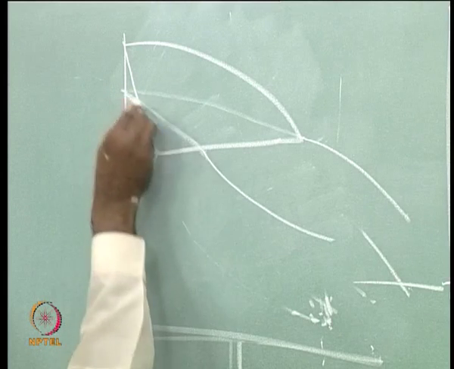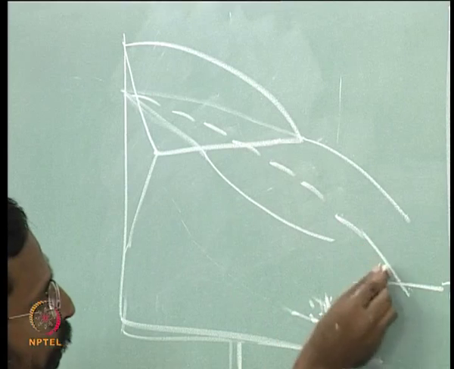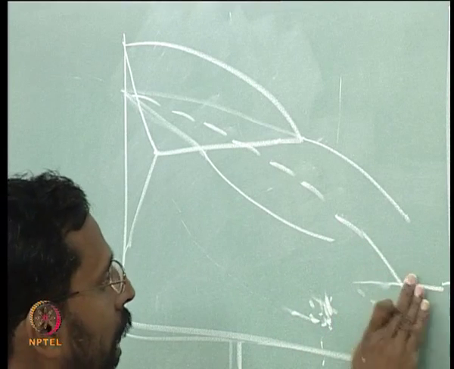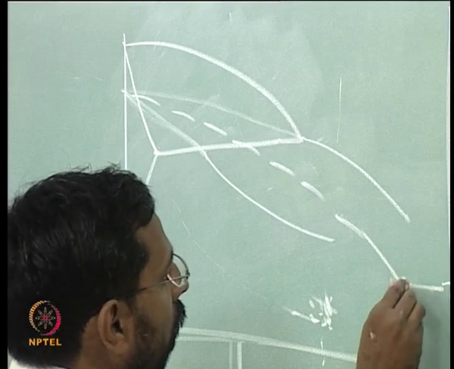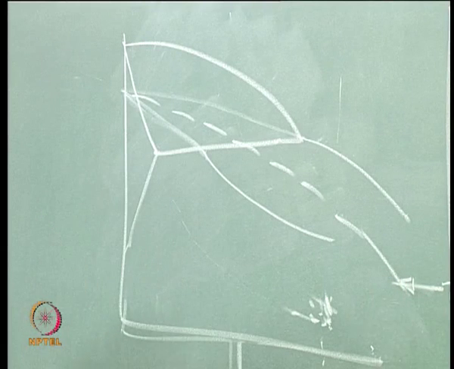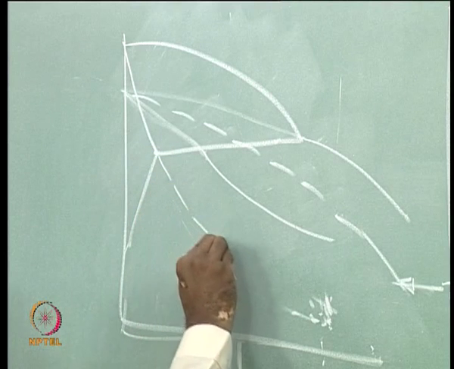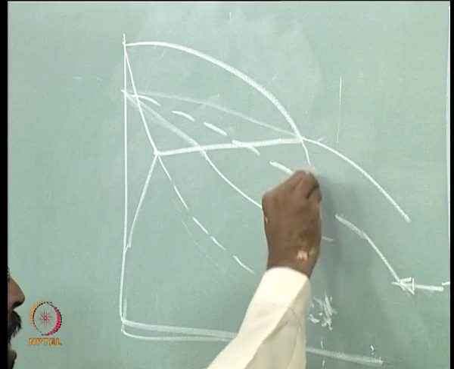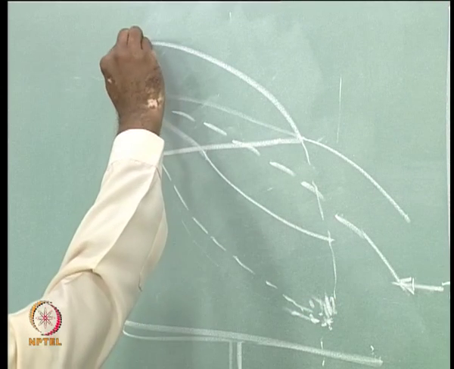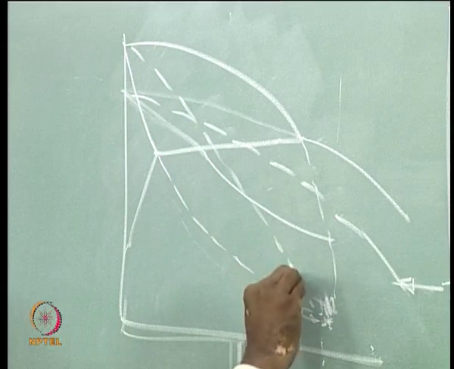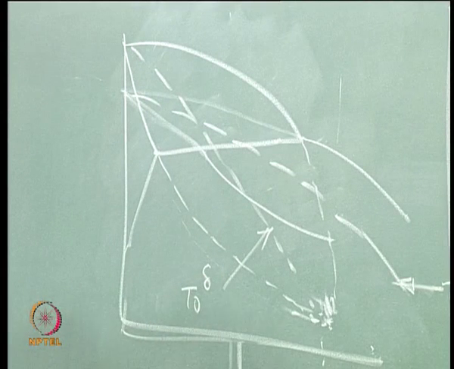Okay. So, this is the T naught gamma. This is the T naught gamma, and if you extrapolate this, what you get is T naught delta.